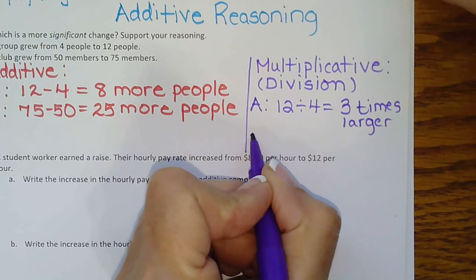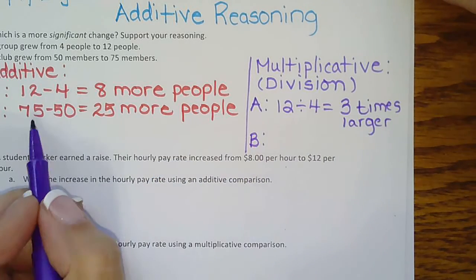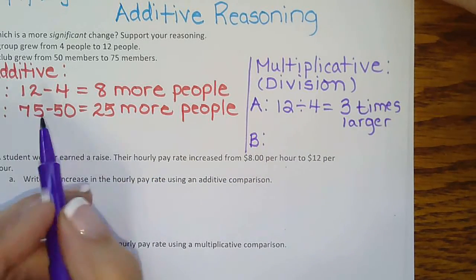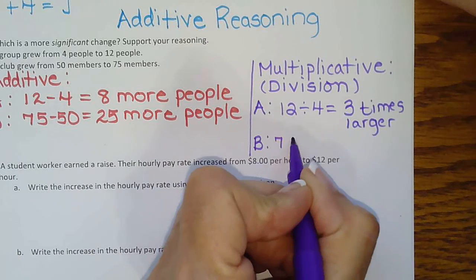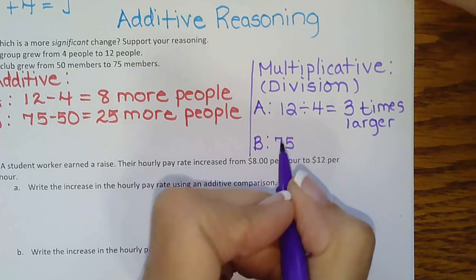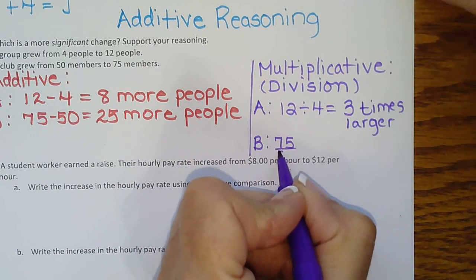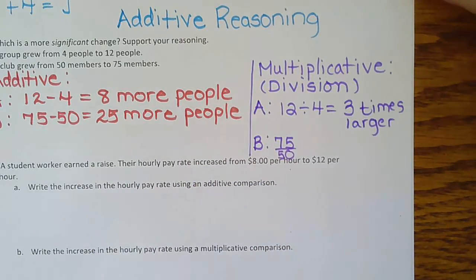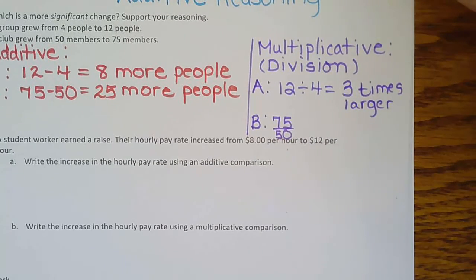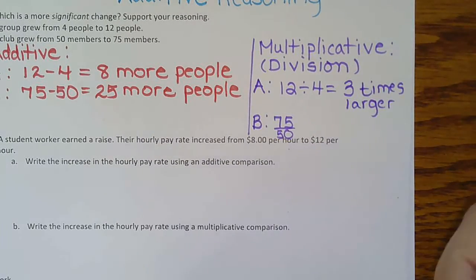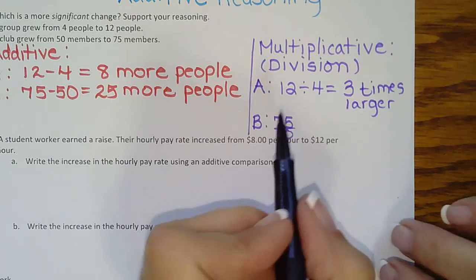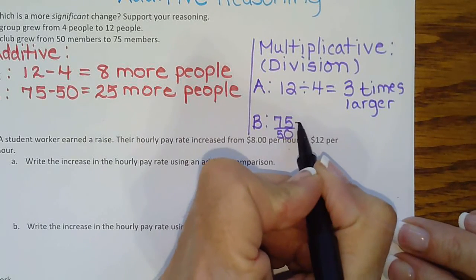Now let's see about group B. Instead of 75 minus 50, we'll do 75 divided by 50. And remember, in division, once we have our fraction, we need to make sure it's simplified. Does everybody agree 25 goes into both of those?